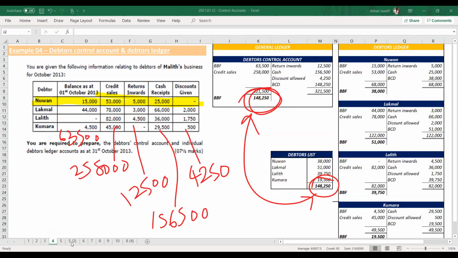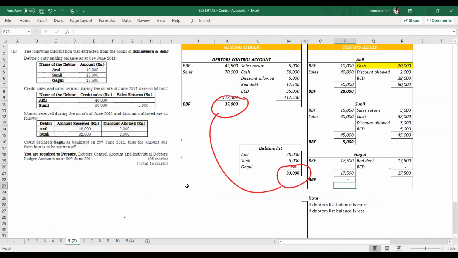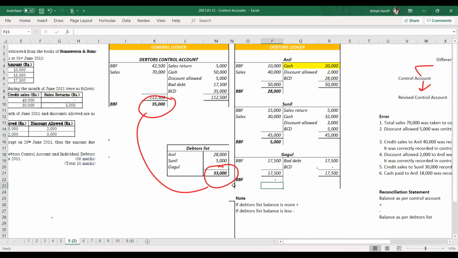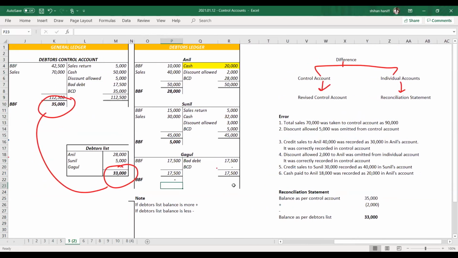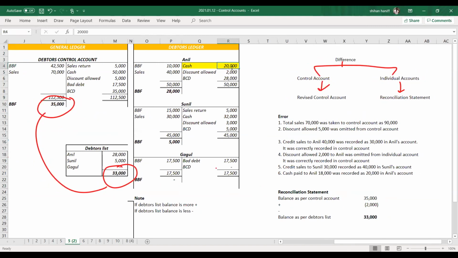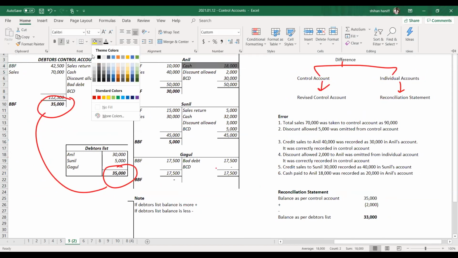There is a question: is there any transaction which affects both? Yes. Now, let's do another example. There are some errors which affect both.